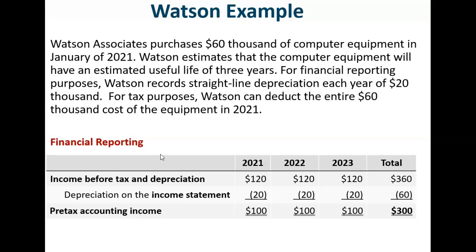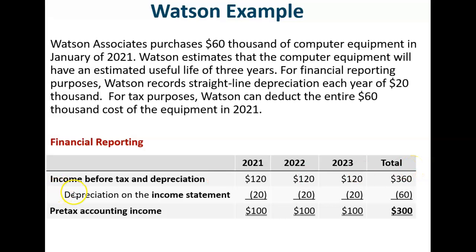For financial reporting purposes, here's 2021, 22, and 23. This is a given number. This isn't calculated anymore. You're just given that income before tax and depreciation is $120,000 each year, for a total over the 3-year period of $360,000.